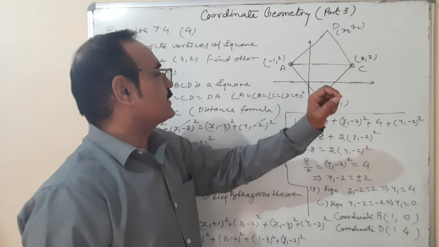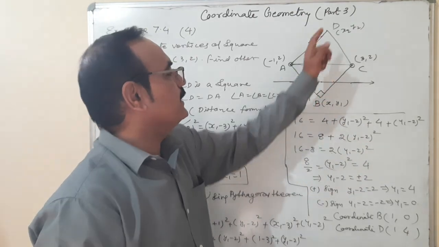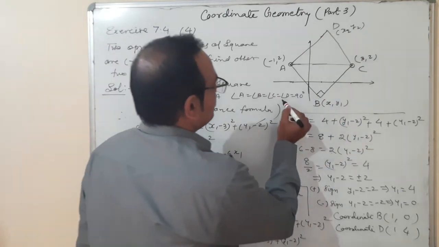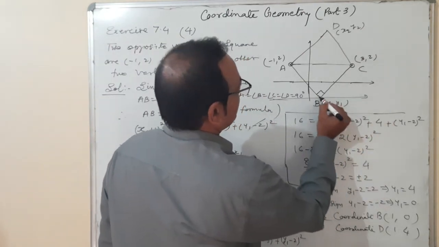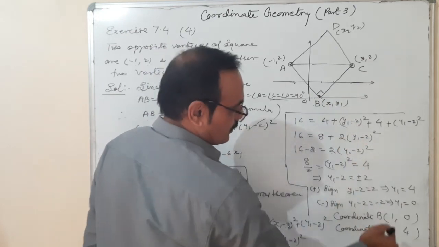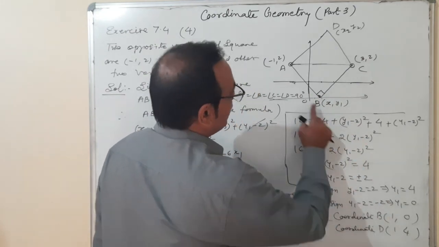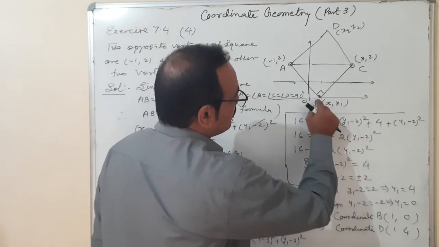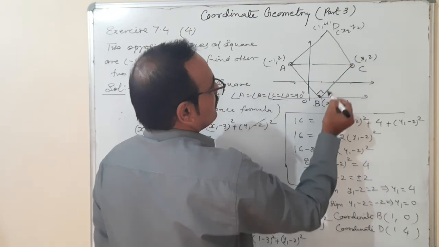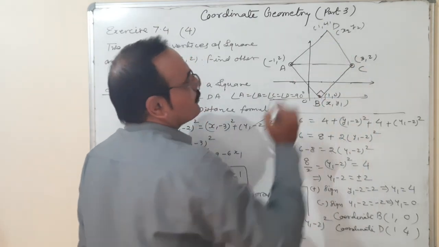So the exact location of the points B and D is here. B is coming on the x-axis. This is 1, 0 and 1, 4.